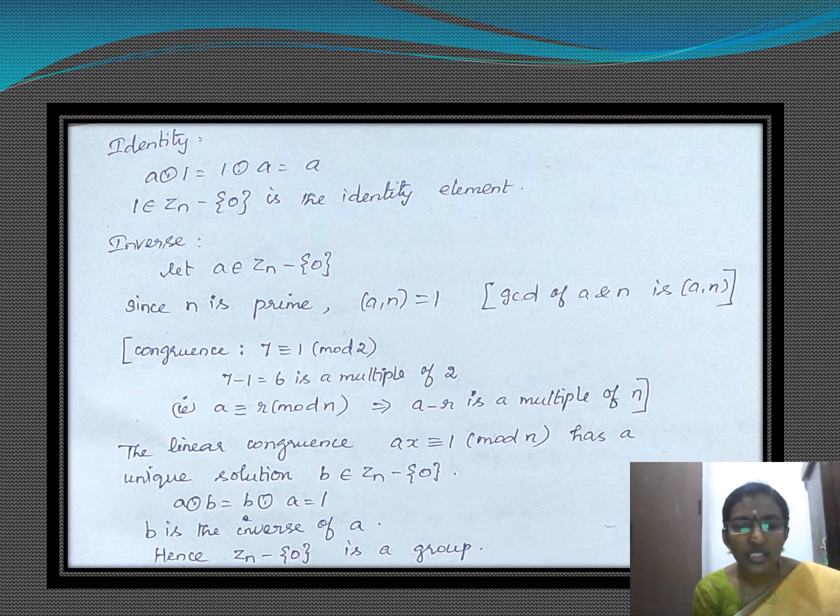From this result, a ⊙ b equals b ⊙ a equals 1, where b is got from the congruence ax ≡ 1 (mod n). Therefore, we obtain an element b, and that b is the inverse of a. Therefore, this set satisfies all the conditions. Therefore, Zn minus {0} is a group.